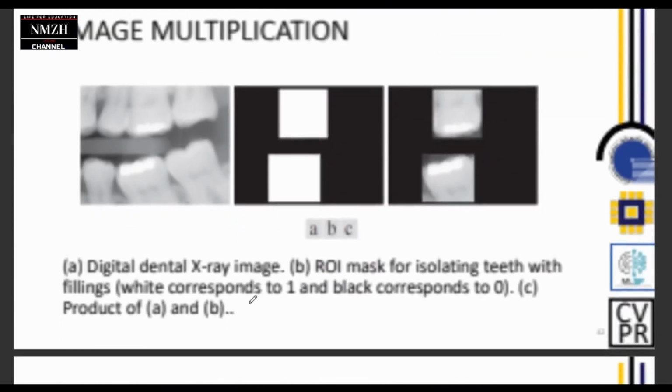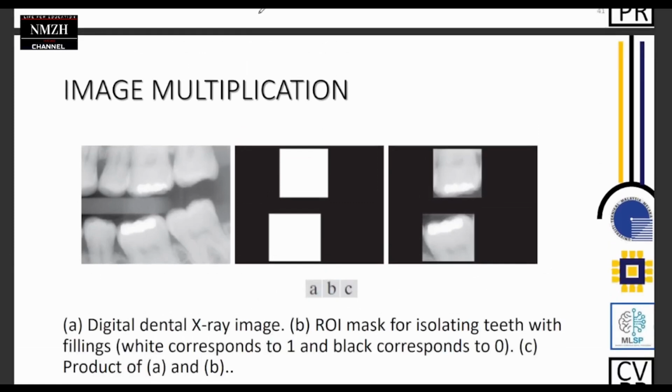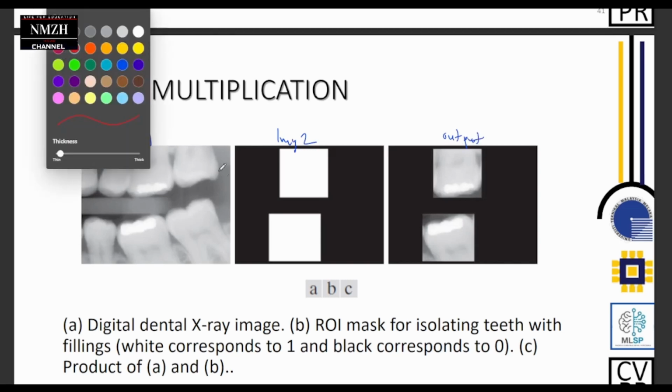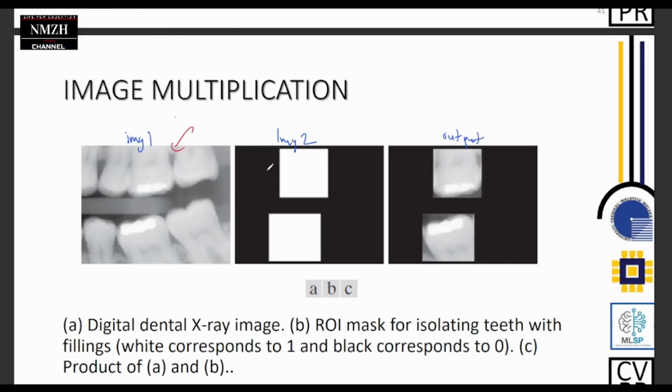Okay, multiplication, as I did mention earlier, here is the multiplication, guys. We do it for image 1, and this one is image 2, so this one is the output. The way it is, when any pixel intensity is multiplied with 0, the output will be 0, right?